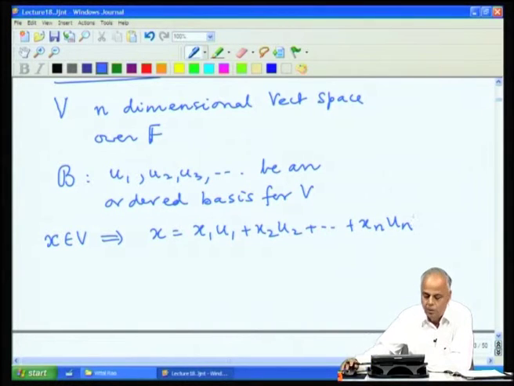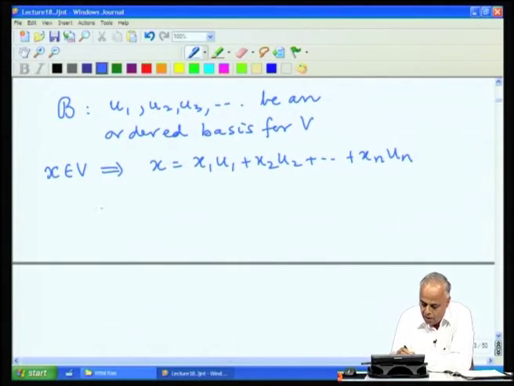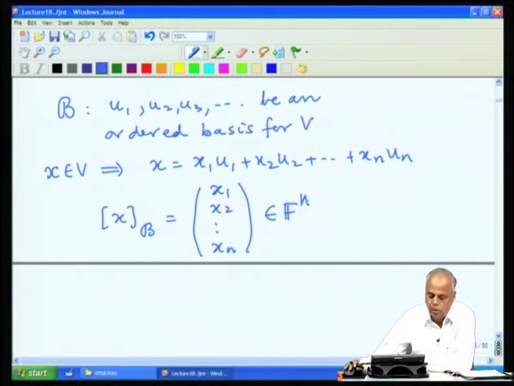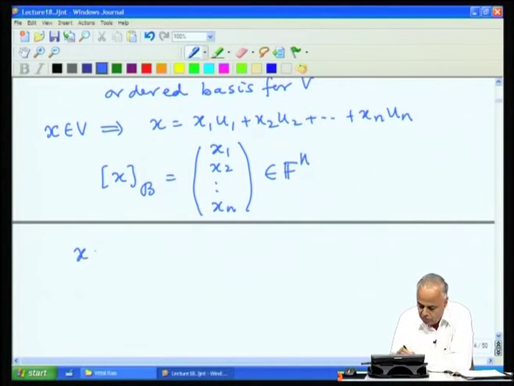This led us to the identification of x to a vector xB, which we define as (x1, x2, ..., xn), which belongs to Fn. So, therefore, every vector x in V, we can convert using the ordered basis B to a vector xB.